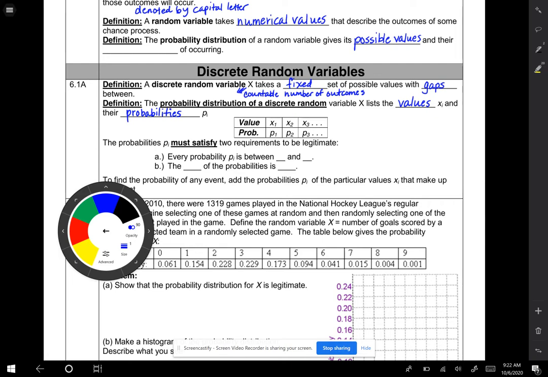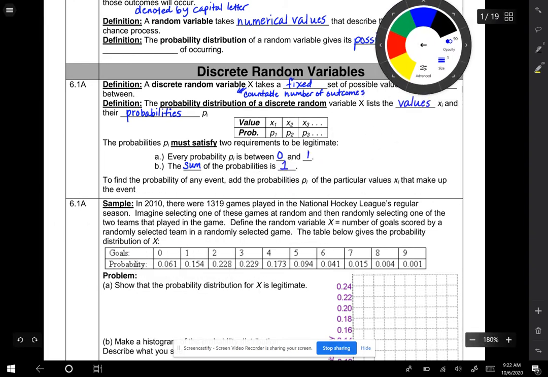The probabilities p sub i must satisfy those two requirements that I mentioned in the last chapter to be legitimate. Every probability p sub i is between 0 and 1, and the sum of the probabilities must equal 1. To find the probability of any event, you add the probabilities p sub i of the particular values x sub i that make up the event.